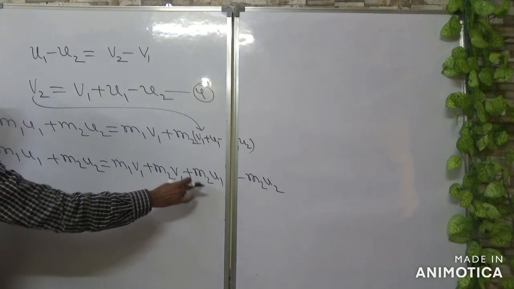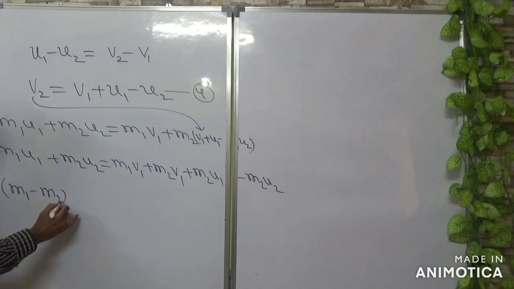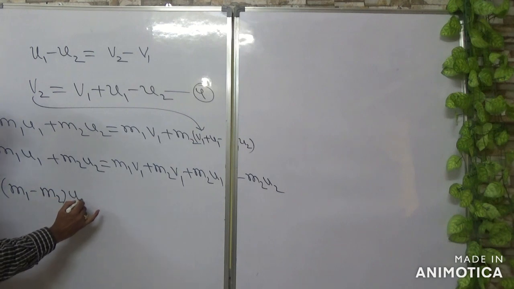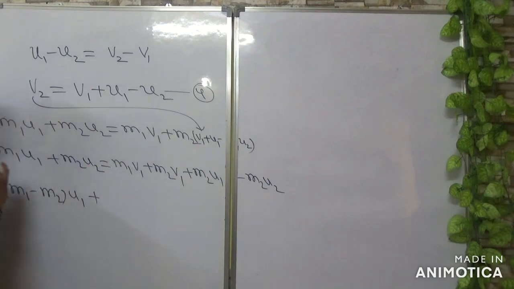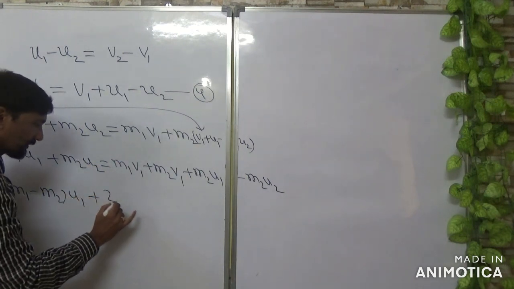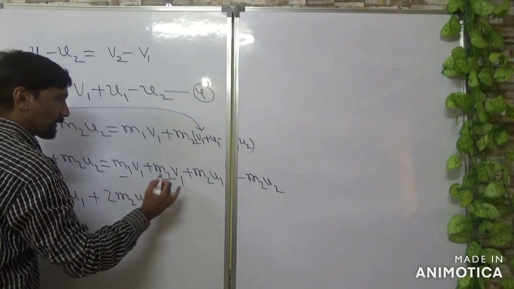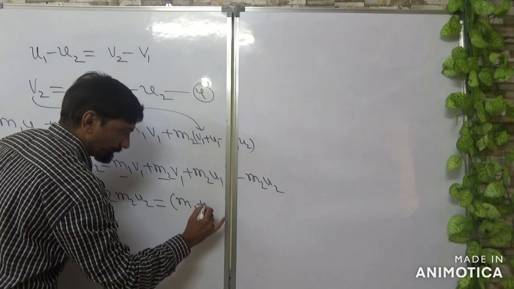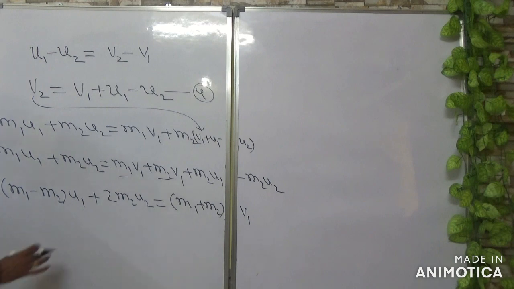Taking it to the left side, you get m1 minus m2 into u1 plus m2 u2 plus m2 u2, because if you bring it to the other side you get plus, so 2 m2 u2. That is equal to v1 common in these two terms. So you get the final velocity of the first body after the collision.